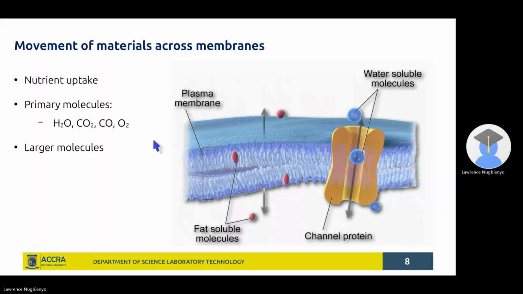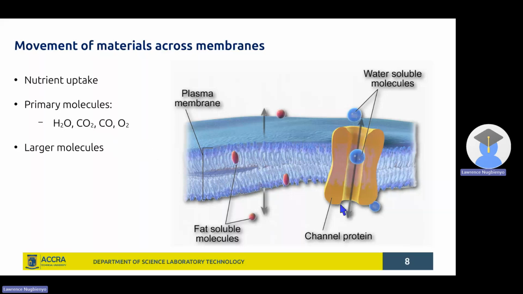Now, there can be some larger molecules as well, like biomolecules, like some carbohydrates, because of course carbohydrates will have to move across the cell membrane, get into the cell before they undergo some metabolic processes, breaking them down there, or maybe synthetic processes, as we saw with metabolism of the various biomembranes.